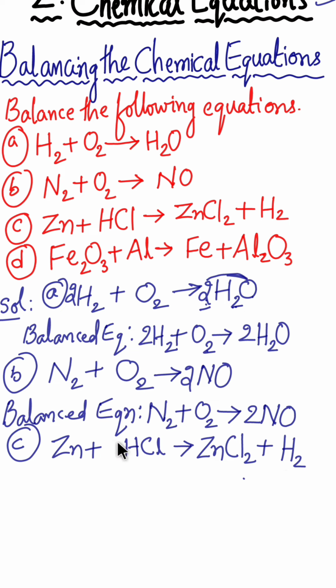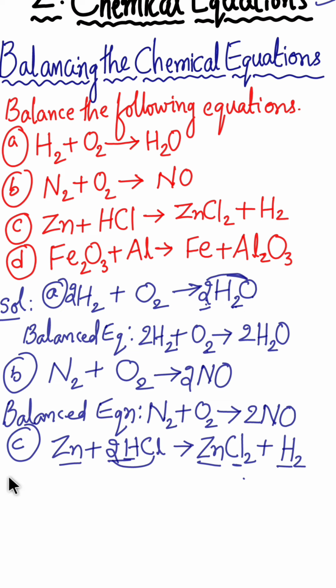Hence what I will do here, I will write 2. Now let us check. Zn 1 and Zn 1. Hydrogens, how many? 2 hydrogens and 2 hydrogens. Here 2 chlorines as well as 2 chlorines. Okay, now it is balanced.